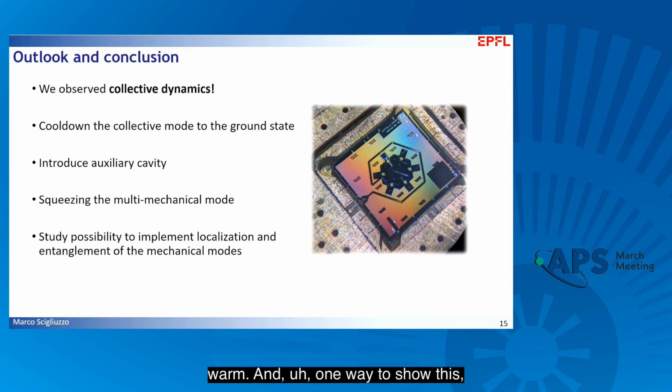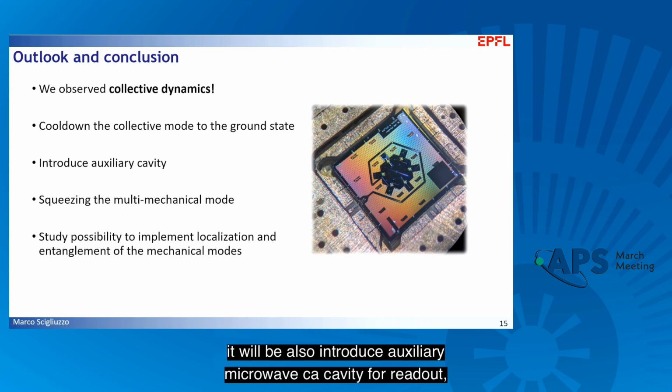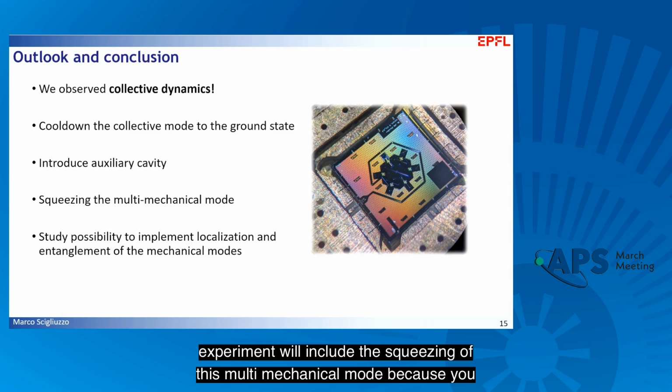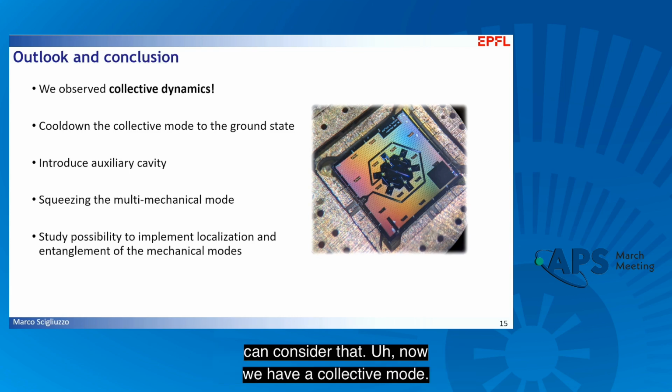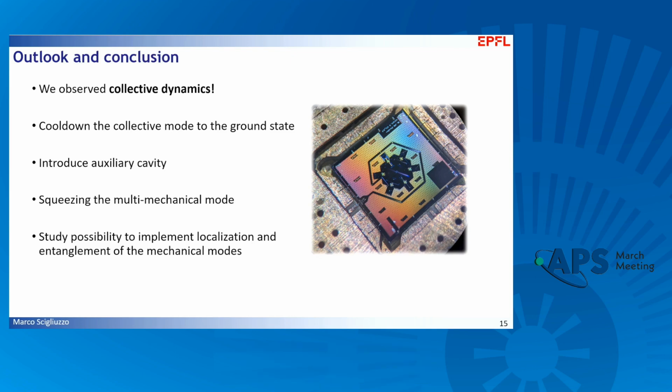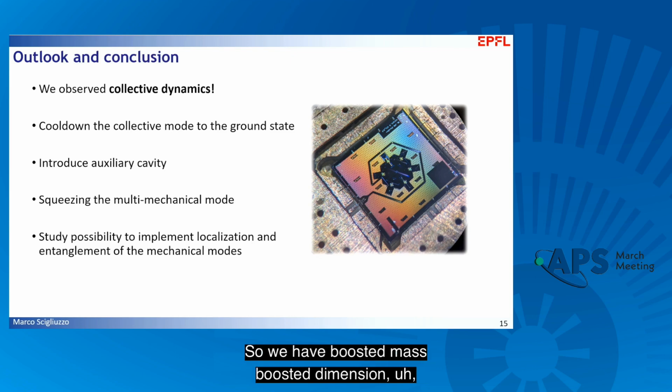One way to show this would be to also introduce an auxiliary microwave cavity for reading out each single mechanical resonator. Future experiments will include the squeezing of this multi-mechanical mode, because you can consider that now we have a collective mode, so we have boosted mass, boosted dimension, and possibly also have some way to study localization and entanglement in these mechanical modes.